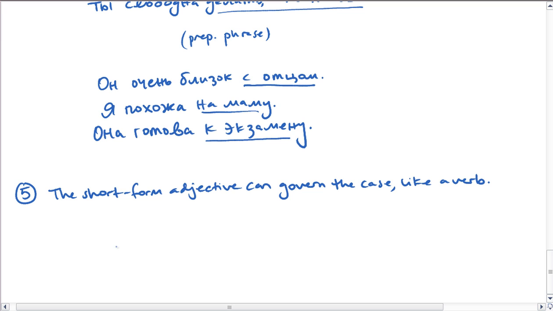So, for example, они рады чему? Right, that's our question. Встреча. Right, so the meeting is put into the dative case because of our short form adjective.